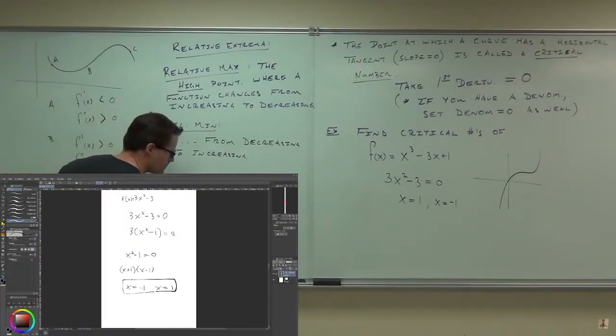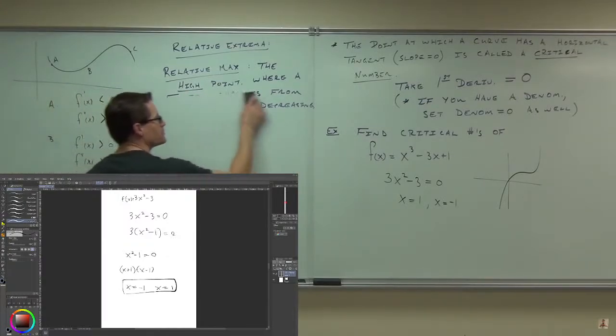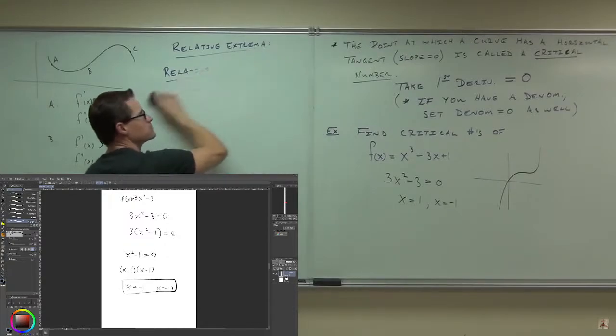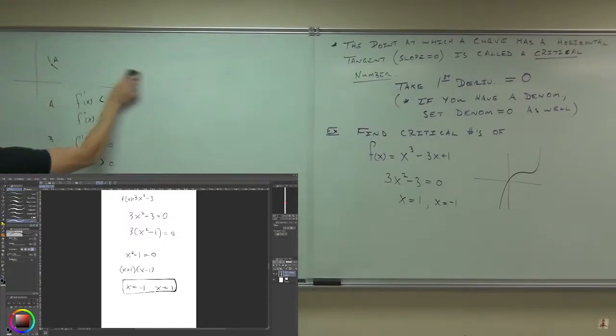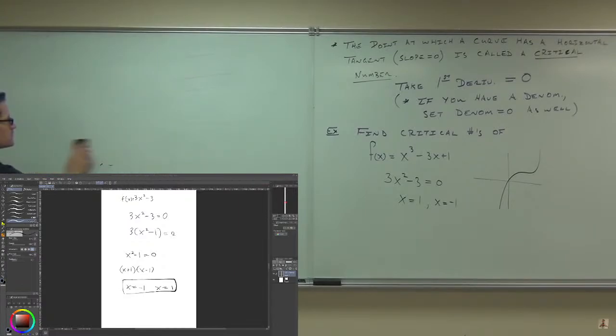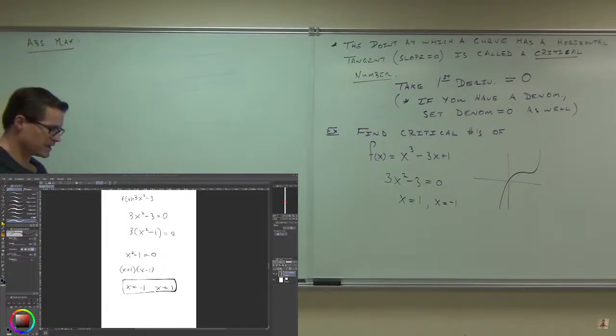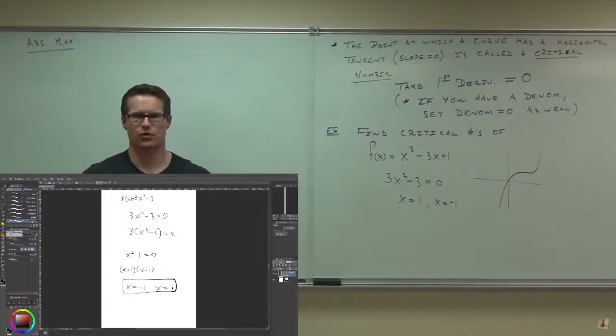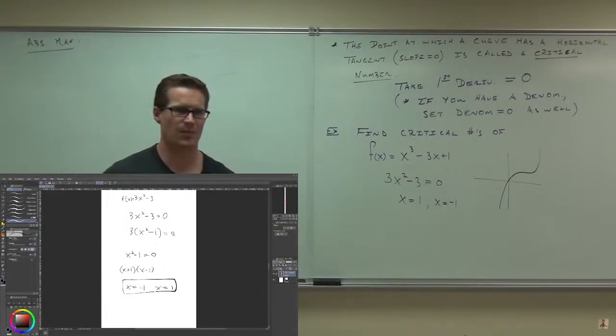So we'll talk about that. We'll talk about how to determine it. It's not bad, so don't let it scare you. So when we talk about the absolute max, what we mean is the highest point on an interval, overall, the highest point that happens on that interval.